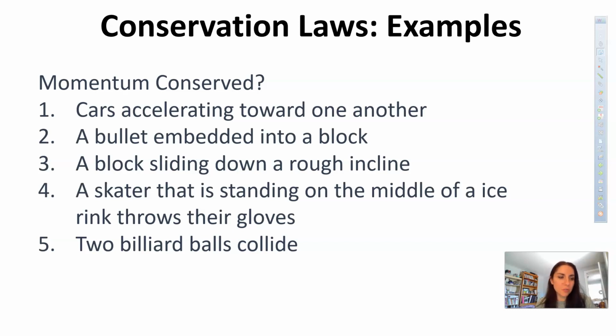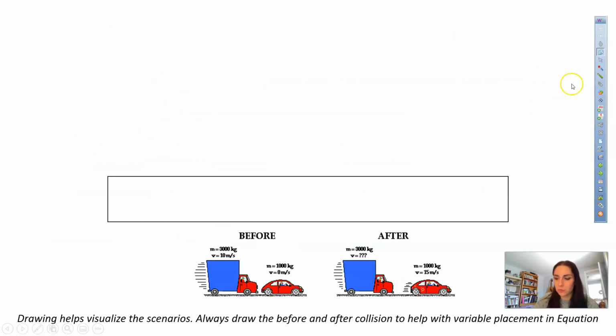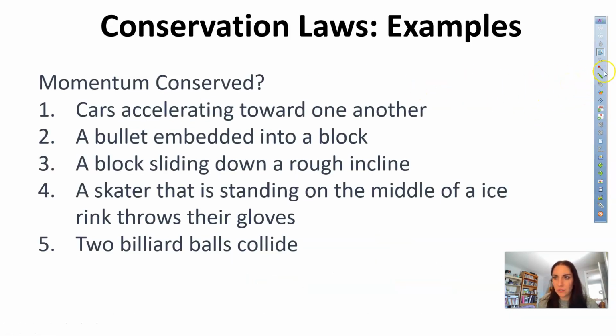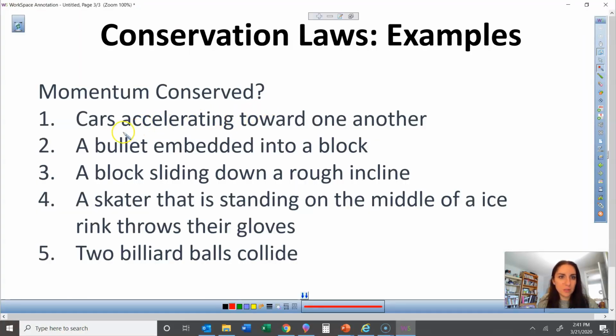So the answers are in the notes, but if you were guessing, number 1 is not conserved. The key word is accelerating. Remember that if you're accelerating, you're not maintaining your motion, which means there is an outside force. So the word acceleration means outside force. A bullet embedded into the block does conserve momentum.